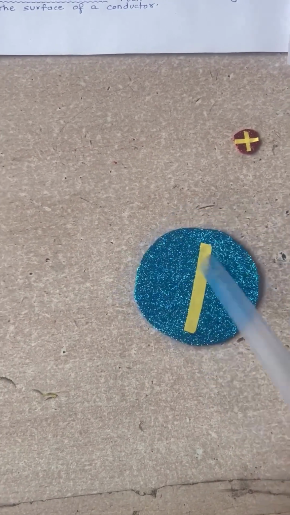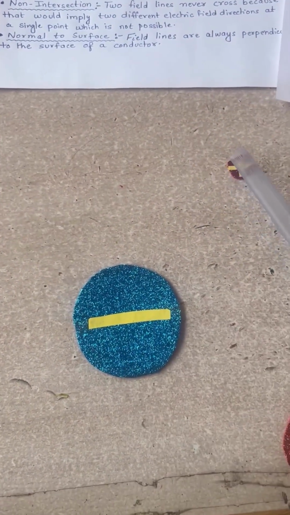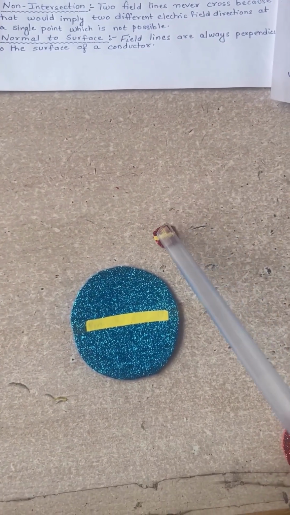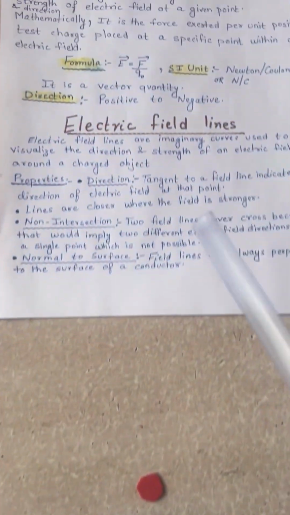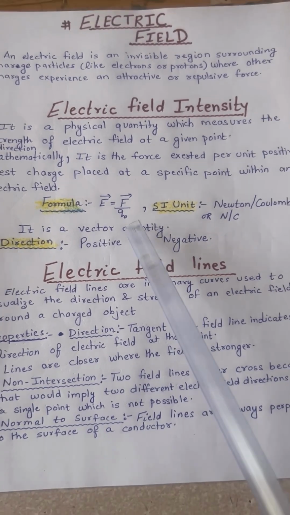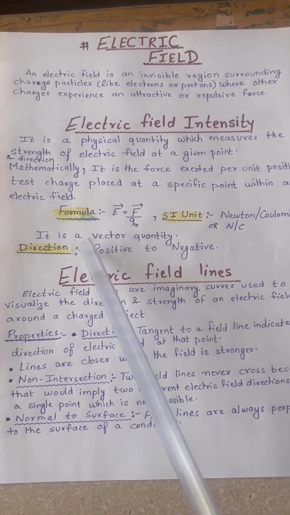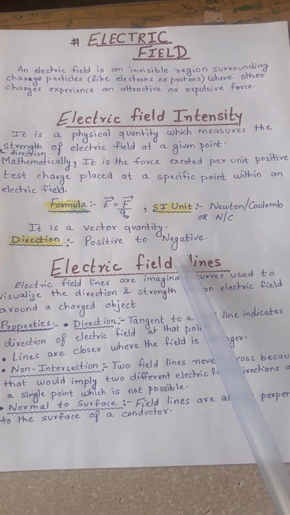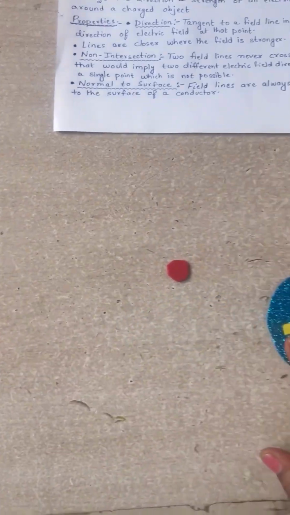If the source charge is negative, the test charge will move towards the source charge like this, which shows the direction of electric field. So the strength of electric field is force on the test charge, and the unit is Newton per Coulomb, and the direction is from positive to negative.